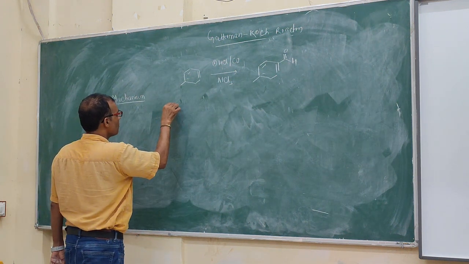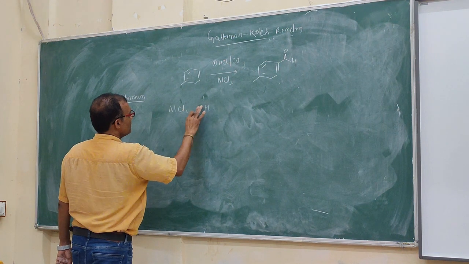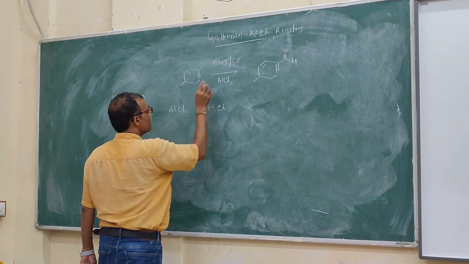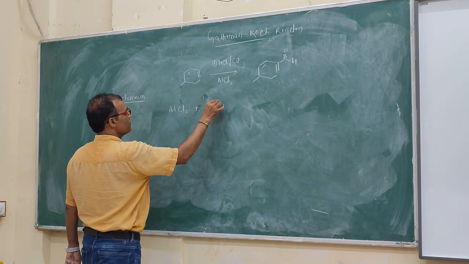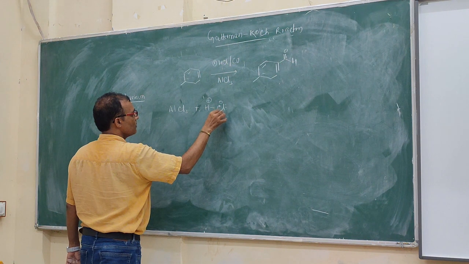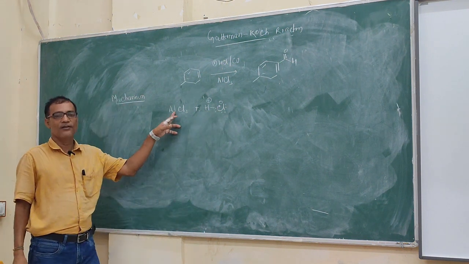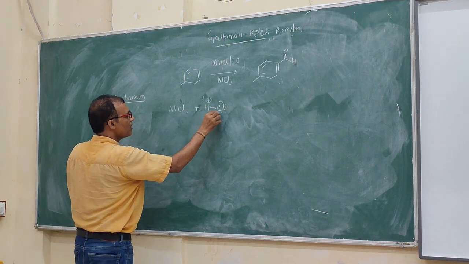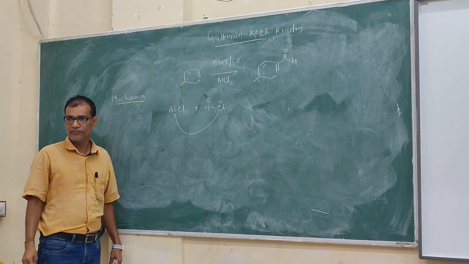So you have aluminum chloride plus HCl. This is plus and this is minus. This chlorine has 3 lone pairs of electrons. The metal is always deficient in electrons, that's why this chlorine will give electrons to the aluminum.